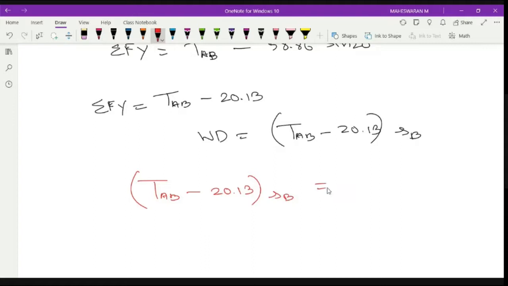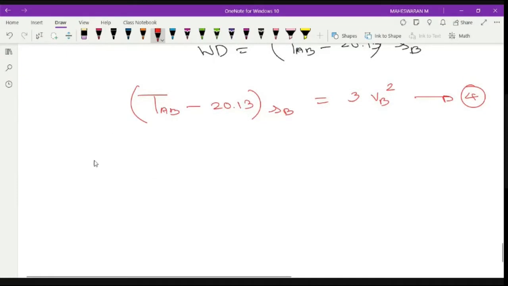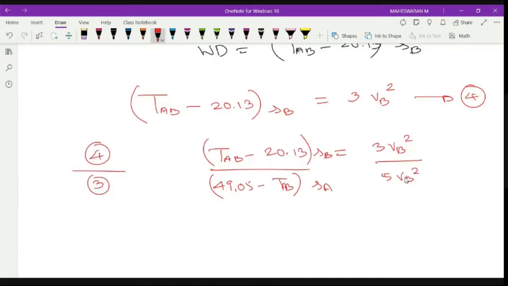SB is equal to energy, which is half mv square. M is 6, so 6 by 2 is 3. 3 VB square. Equation 4. So what I can do, I can just divide this. So 4 divided by 3, right?